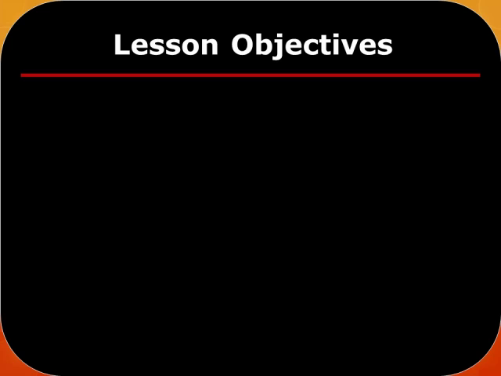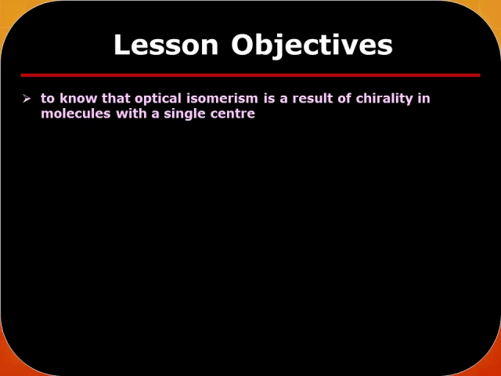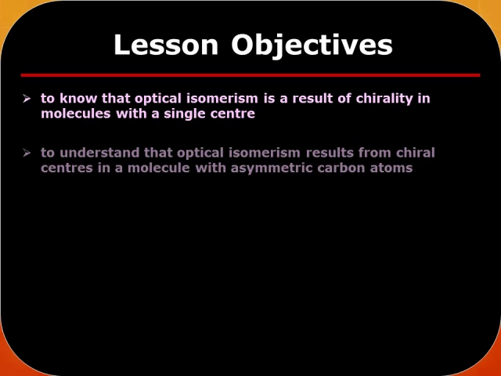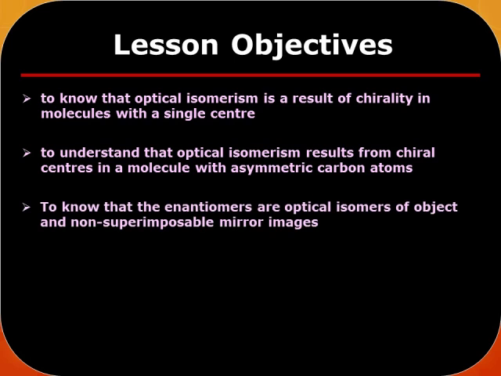The lesson objectives are: you will be able to know that optical isomerism is a result of chirality in molecules with a single center. And to understand that optical isomerism results from chiral centers in a molecule with asymmetric carbon atoms. To know that enantiomers are optical isomers that are non-superimposable mirror images.